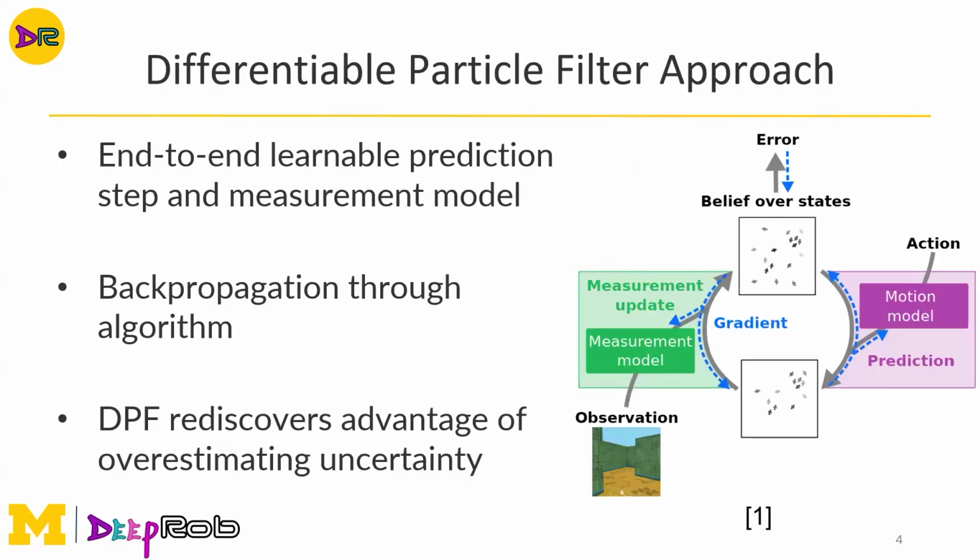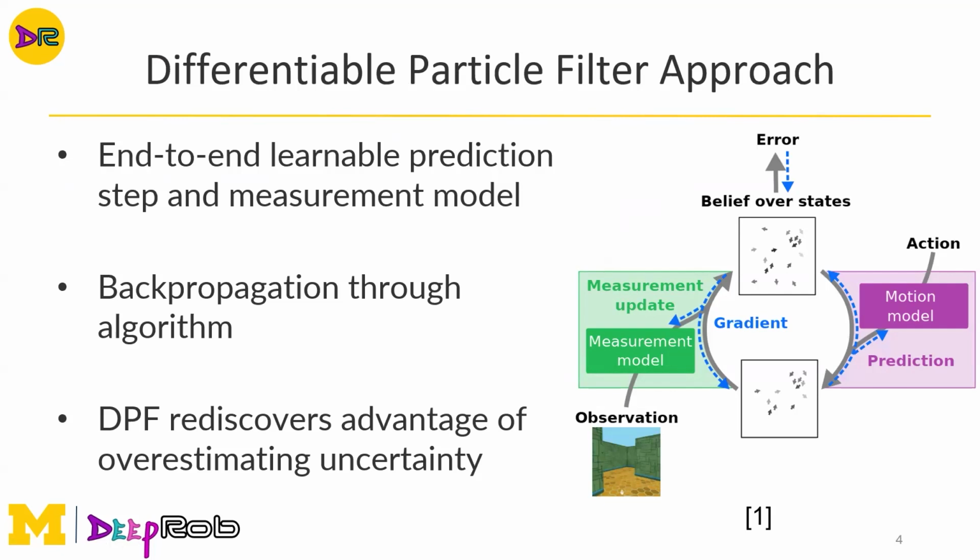So this slide highlights the approach of the original particle filter, which uses an end-to-end learnable prediction step and measurement update model to calculate the belief at each state. And one key thing for efficient end-to-end learning of this model is that we need to be able to backpropagate the gradient throughout the entire algorithm, as seen in blue in the figure on this slide.